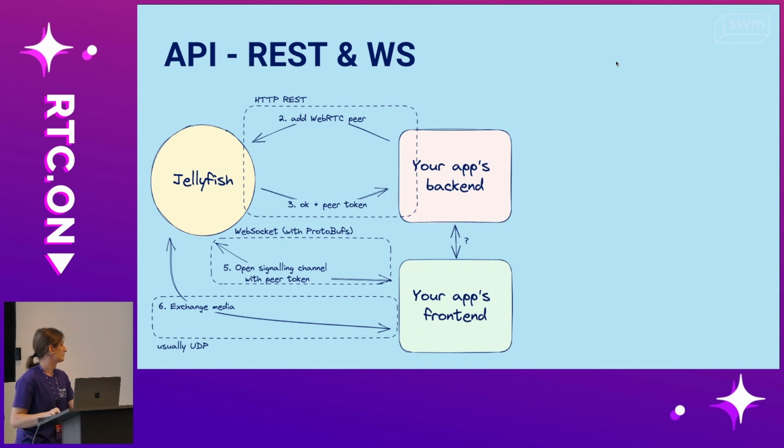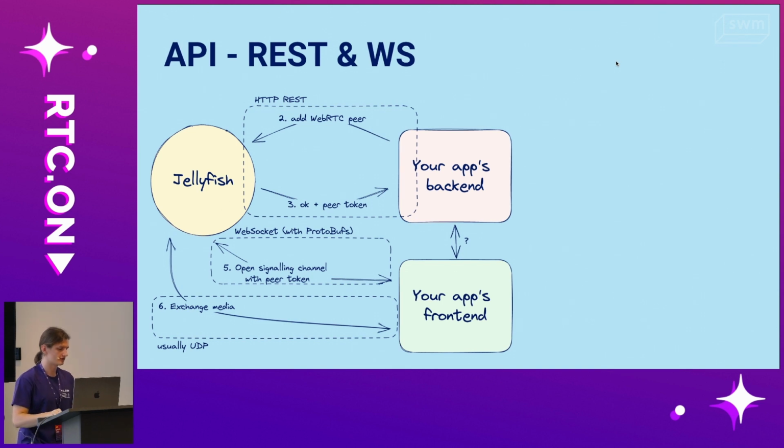And also we allow to receive some kind of notifications from the Jellyfish. So for instance, Jellyfish can produce notifications about room crashing, or maybe that the peer has just connected. And you can use the WebSocket API to simply receive the notifications.